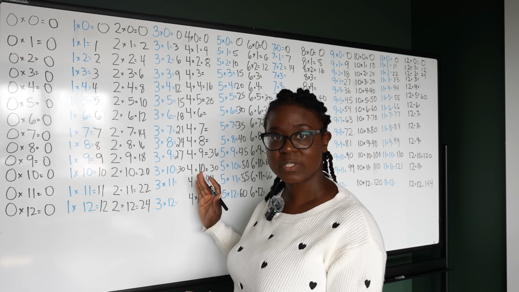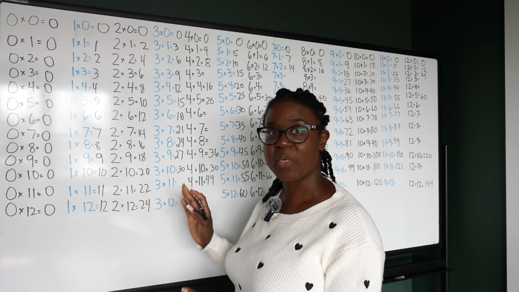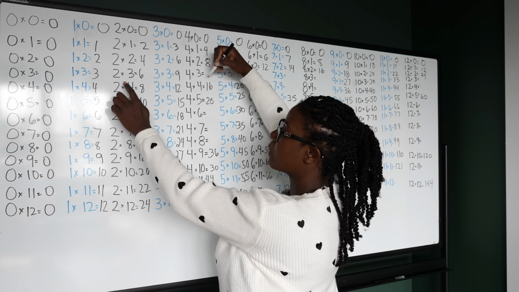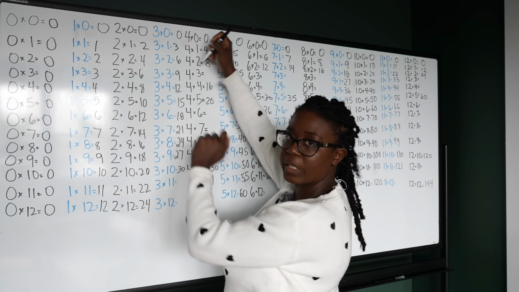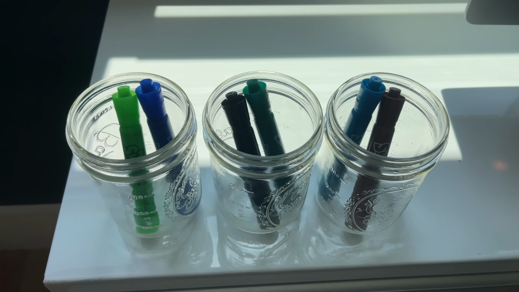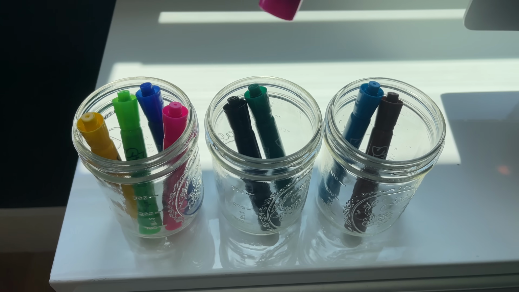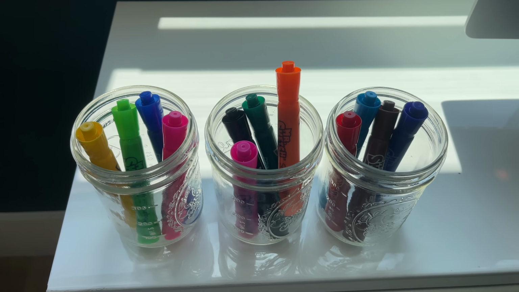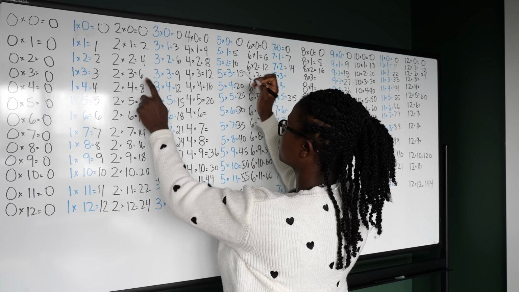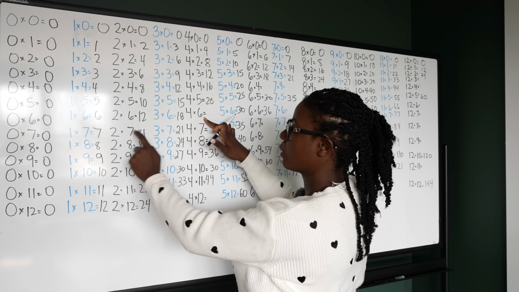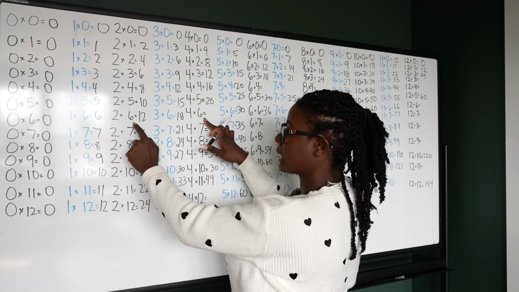The 4s are just double the 2s. 4 times 3 is just double 2 times 3. So if you know that 2 times 3 is 6, we double that for 4 times 3. Double the answer and we get 12. So 4 times 6 is just double 2 times 6.